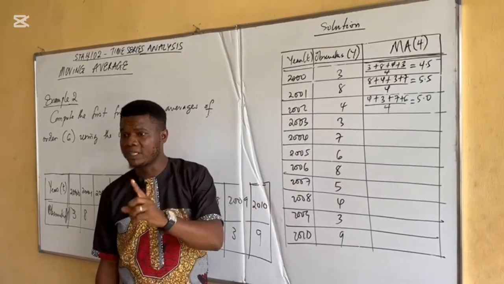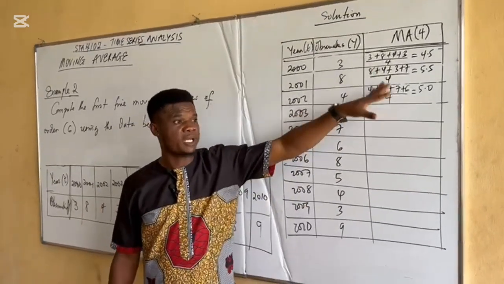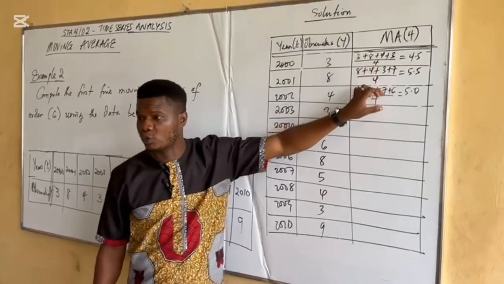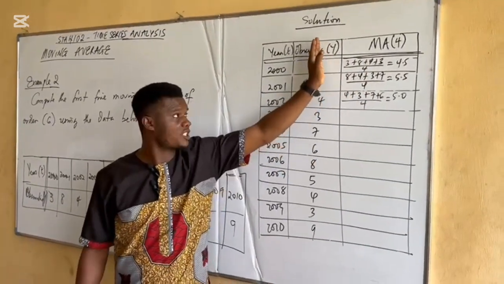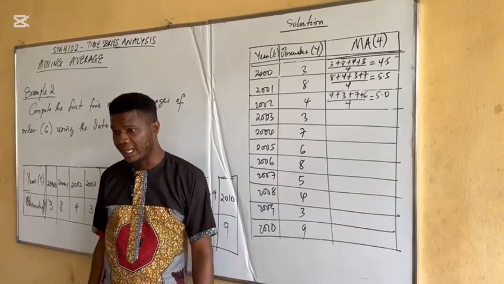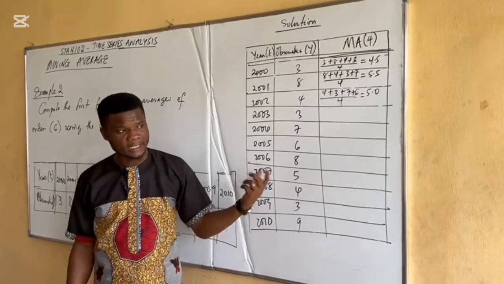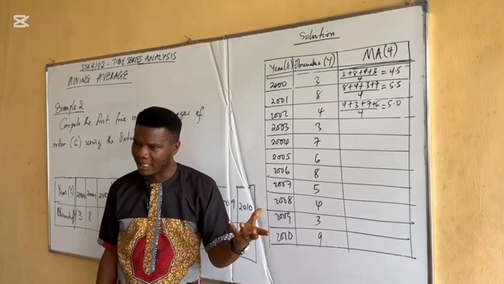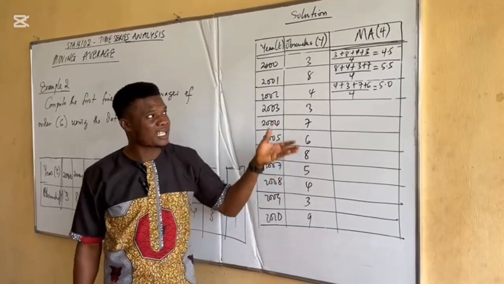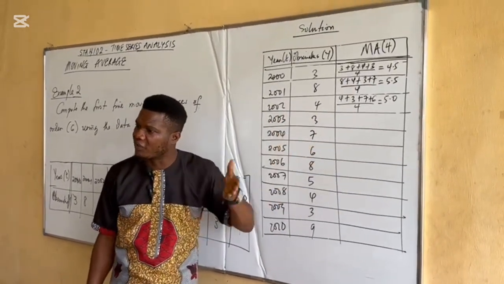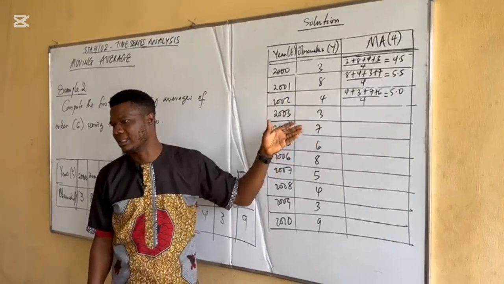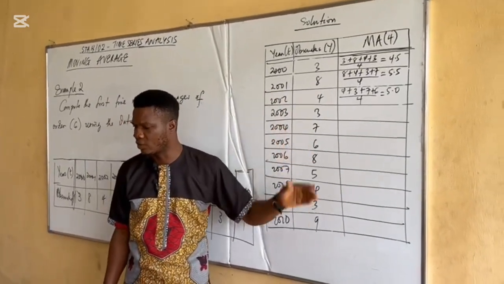Please remind me, I'm going to explain where all of these, as you compute them, should find themselves in relation to this. I'm going to write it down and also tell you why. Computing the moving averages of different orders is nothing more than that. It is as easy as that to compute.